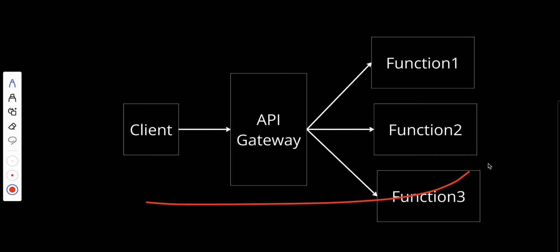Number two, we have automatic scaling, because serverless functions scale automatically based on demand, ensuring that your application can handle spikes in traffic without manual intervention or provisioning additional resources. And also there is cost efficiency, because with a pay-per-execution pricing model, serverless architecture is cost effective, especially for applications with variable or unpredictable workloads. You are charged only for the actual compute time, making it a great choice for applications that don't run constantly.